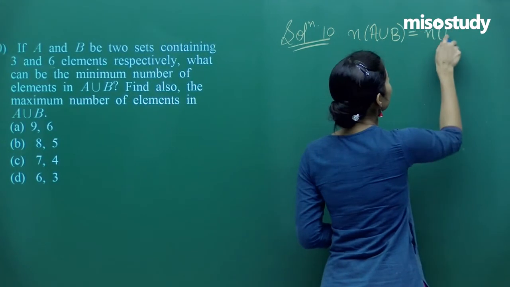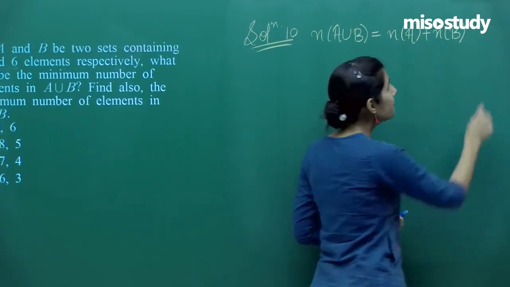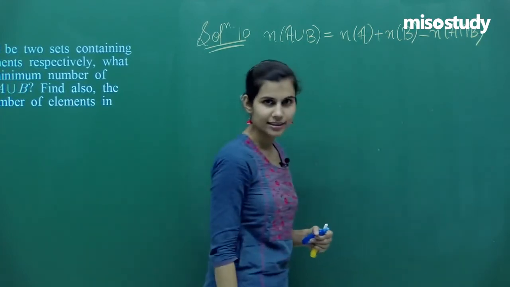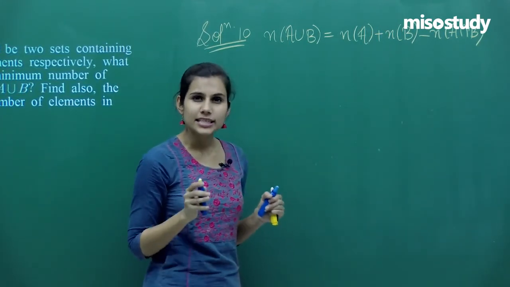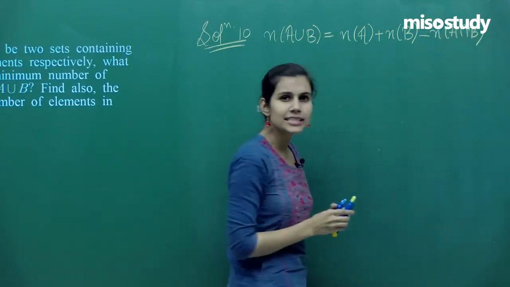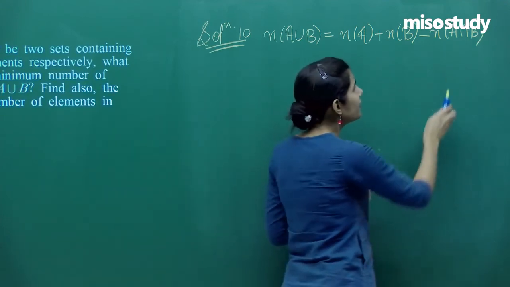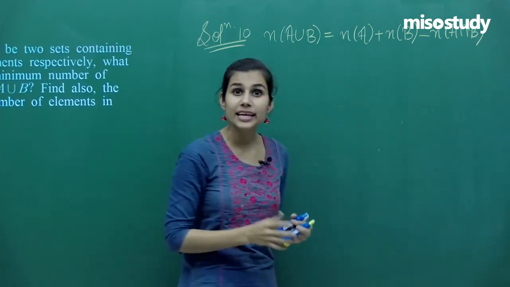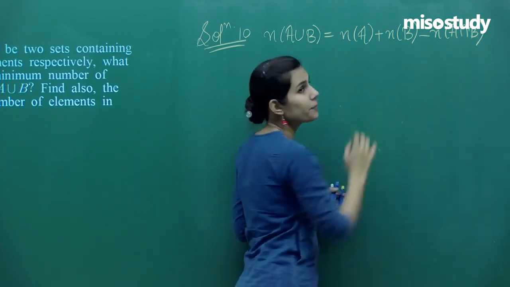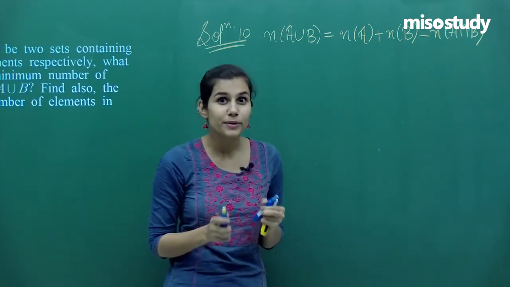It is the number of members in the set A plus the number of members in the set B minus the number of members in A intersection B. If I observe this carefully, the number of members in A intersection B is getting subtracted, which means if it is minimum, then the minimum quantity will be subtracted from this expression. And therefore, the maximum number of members in A union B will be obtained.